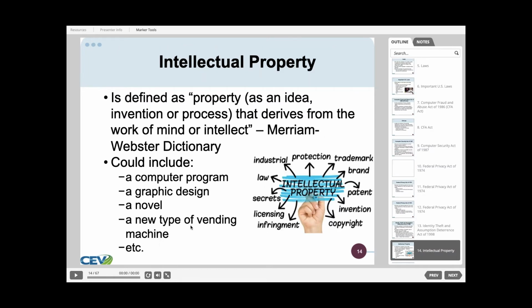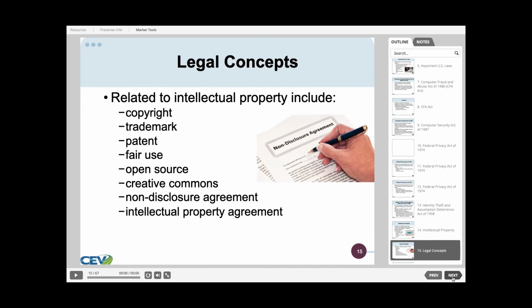A new type of vending machine. Down on 6th Street in Austin, there is an audio cassette vending machine, right? It talks about computer programs, novels. Copyright: a trademark is like a logo, like the Nike logo or Adidas logo. Open source: Linux is spelled Linux.